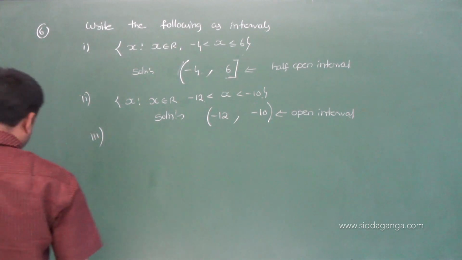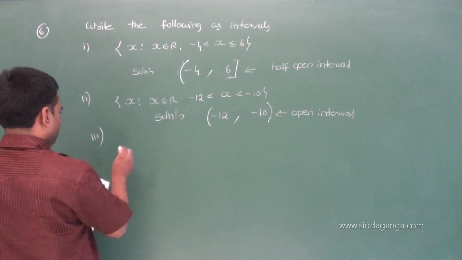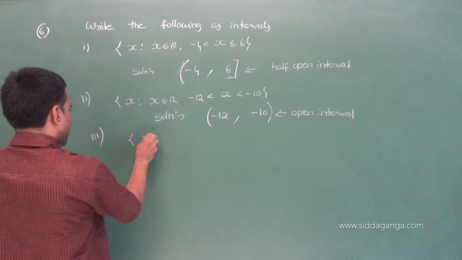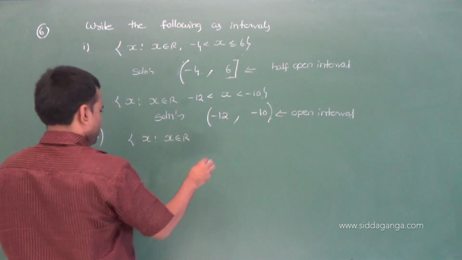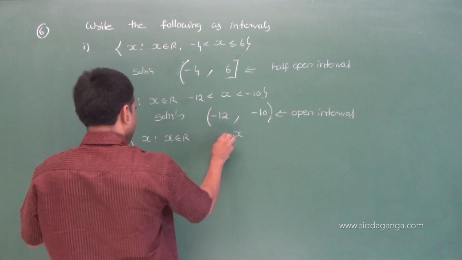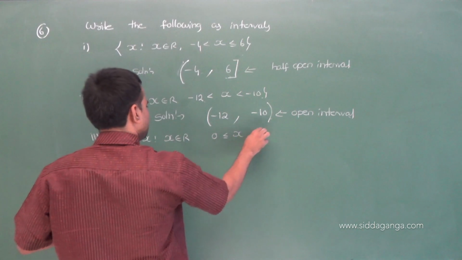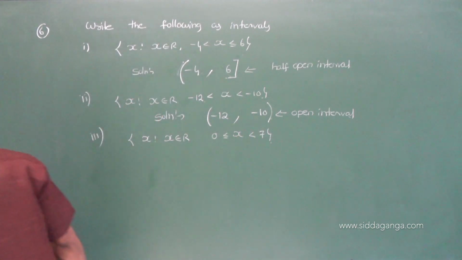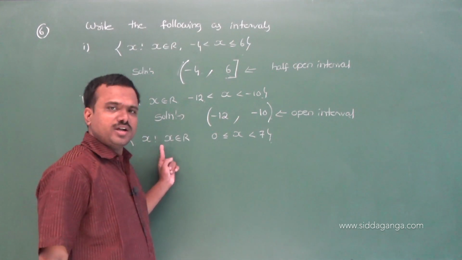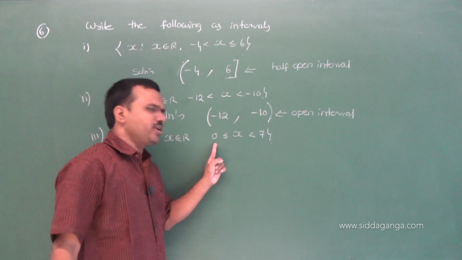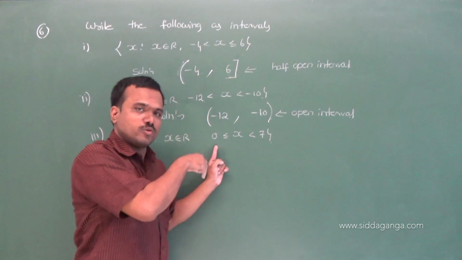Third question. X such that X belongs to R, X greater than or equal to 0, less than 7. Observe the problem. X greater than or equal to 0 means 0 is included.